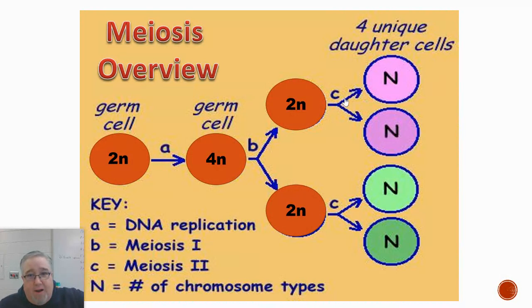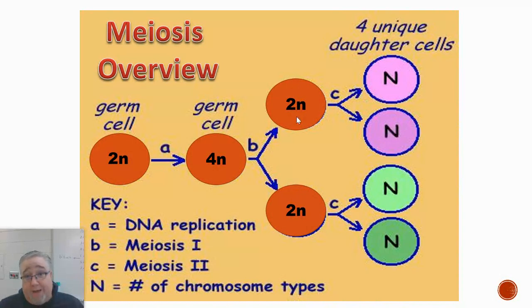Now, this final cell division is called meiosis 2. I want us to understand that in meiosis 2, there was no DNA replication. The step that happened before meiosis 1 doesn't happen again. So this cell that has 46 chromosomes doesn't replicate again, it just divides.